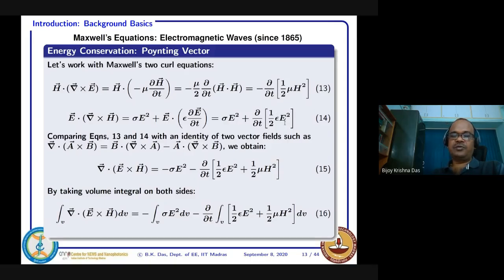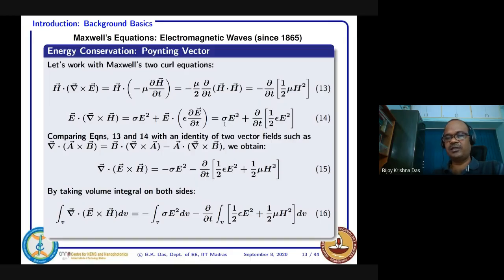So if you compare 13 and 14, you have the additional term sigma E square, which is nothing but energy dissipation because of ohmic loss. If you start from Ohm's law, you know I square R is the Joule heating. That is the term coming here, sigma E square, because conductivity is there.